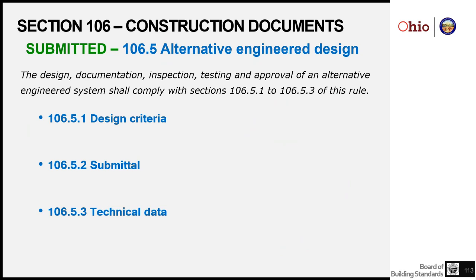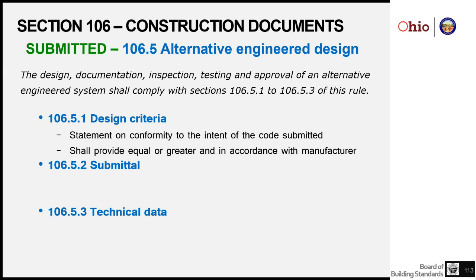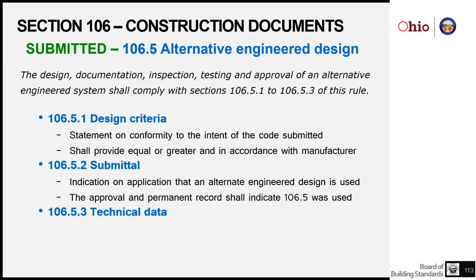Alternative engineered design is another one, and 106.5.1 through 5.3 talk about design criteria, submittal information, and technical data. So if you're using alternative engineered design, you have to make a statement of conformity with the intent. You have to provide equal or greater performance and be in accordance with the manufacturer's instructions.